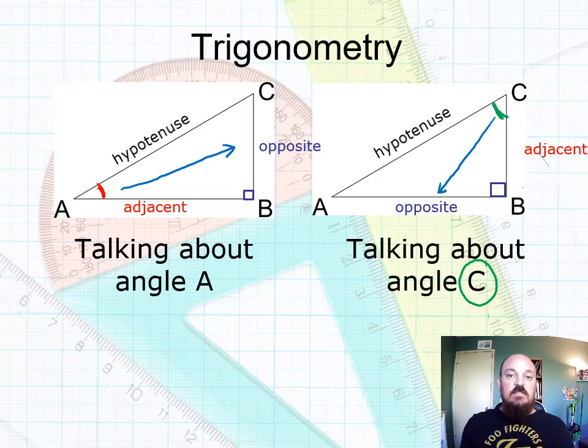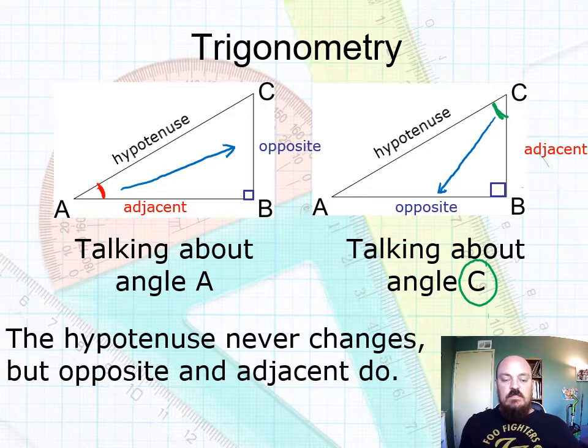And adjacent means next to angle C, so it ends up being the one on the right side there. So the key point you want to take from this, the hypotenuse never changes. It doesn't matter if I'm talking about angle A or angle C, the hypotenuse stays right where it is. But opposite and adjacent do, so be careful on that. You have to know which angle you're talking about in the question and use that to determine which of the legs is opposite and which is adjacent.